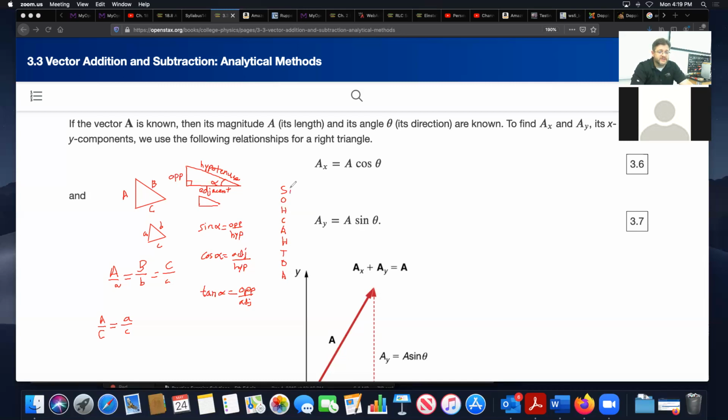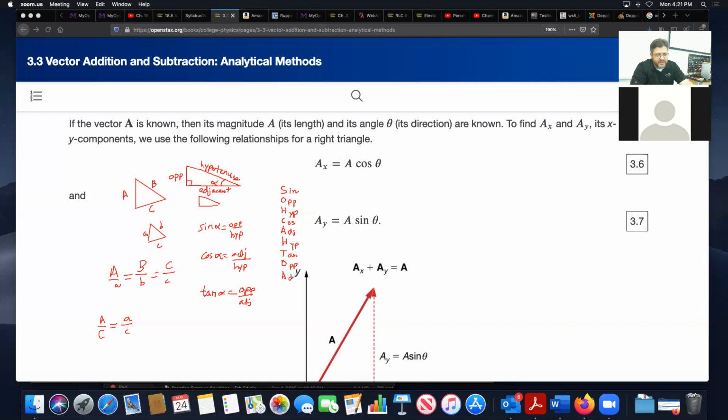So this is sine, opposite, hypotenuse. And that's probably why I always get it wrong, because I never think of this thing until too late. Cosine, adjacent. So it's sine equals opposite over hypotenuse, cosine equals adjacent over hypotenuse, and tangent equals opposite over adjacent.